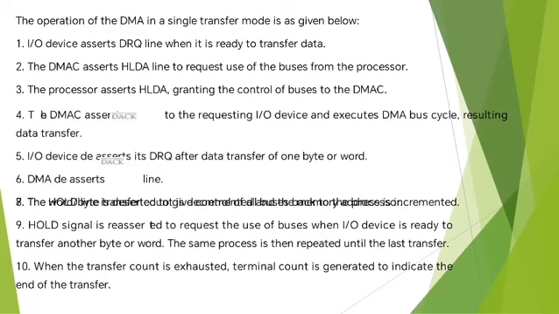The DMAC asserts acknowledgement to the requesting IO device and executes the DMA bus cycle, resulting in data transfer. The IO device asserts its DRQ after data transfer of one byte or word. DMA asserts the DMA acknowledgement line.